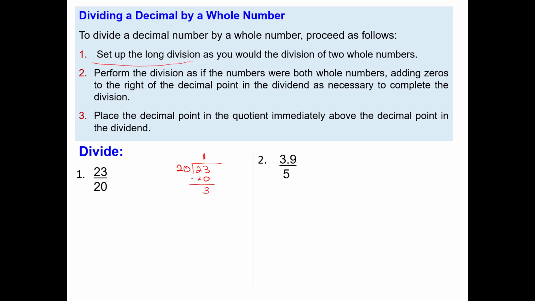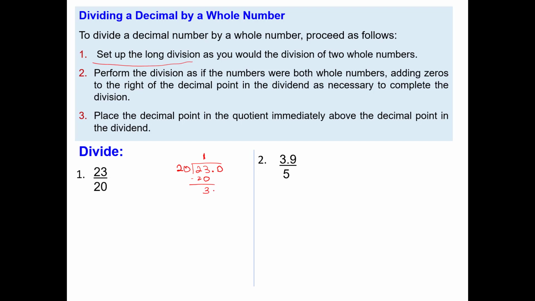Now we need to add zeros to complete the division. If there is no explicit decimal point, we know it's at the end. Then we place the decimal point in the quotient immediately above the decimal point in the dividend, here and here. We add zeros and continue the division.